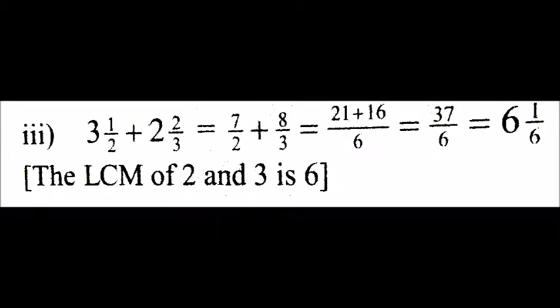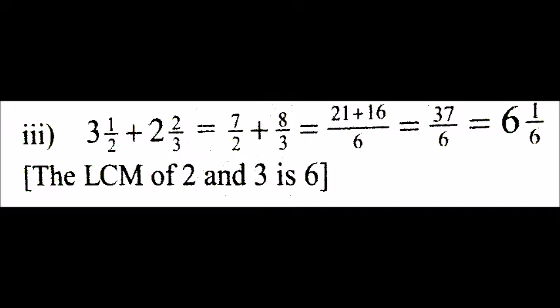Let's get to the third solution, whereby 3 and 5... plus 2 whole number 2 over 3 is equal to what? Now, in such a question, if the question is given in mixed fractions, try to change it into an improper fraction before solving it.